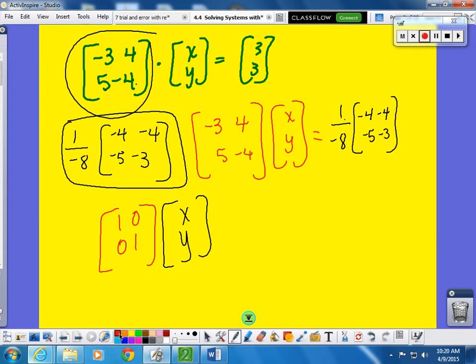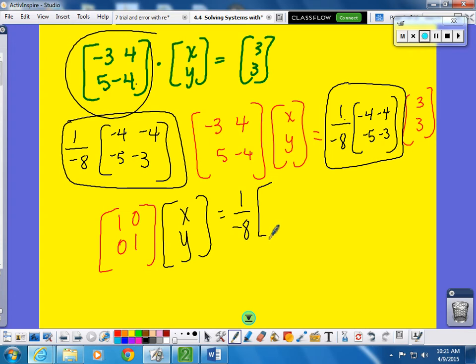And then remember, this red part, that's just my original equation. And this black part here, this is my inverse. This is what I did to both sides. You see it? This is my original equation. This is multiplying both sides by the inverse. Now, I know what that's going to give me. That's going to give me the identity.